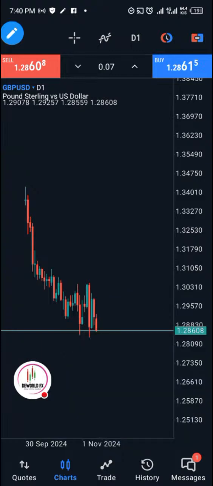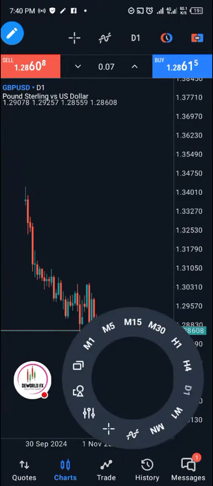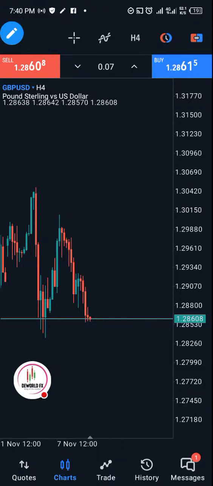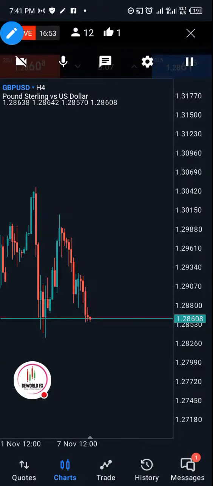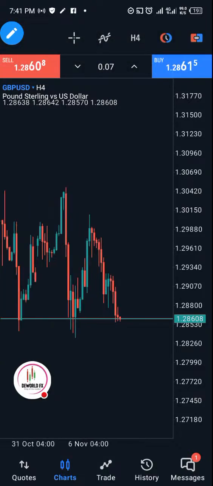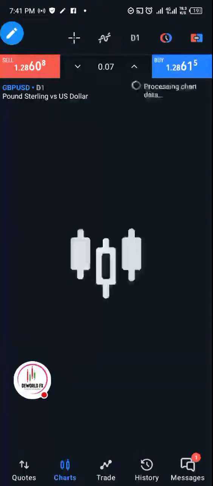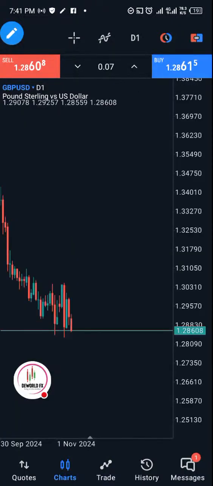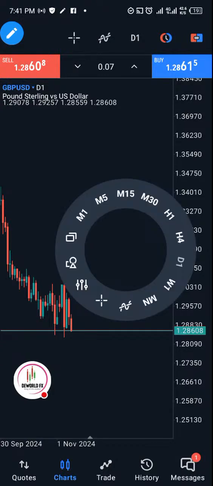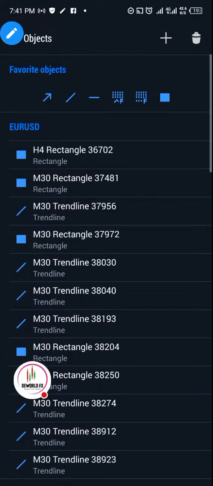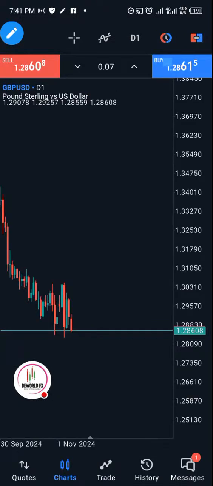Remember I told you, if UJ is buying, GU should be selling. So I'm going to do a quick analysis on this so you see what I'm talking about. Let me go to the H1 and get some zones. I think we have this zone here.